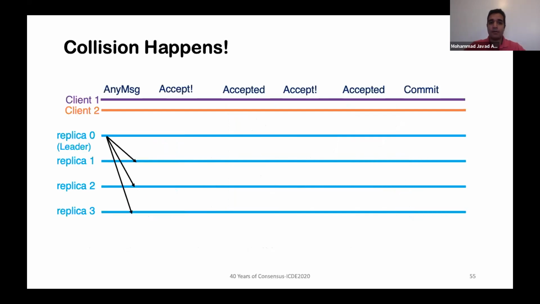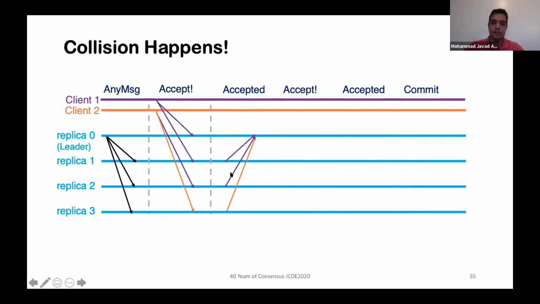However, what is the problem? The problem is we might have different clients who try to propose values at the same time. So we still have this any message, and then we have clients who send accept message to the different replicas. We have two different clients, and then replicas, as you can see, we have two different colors.